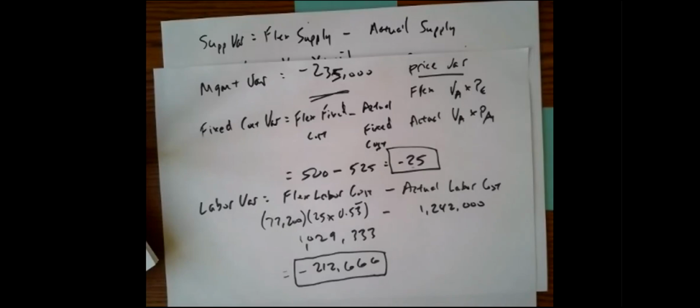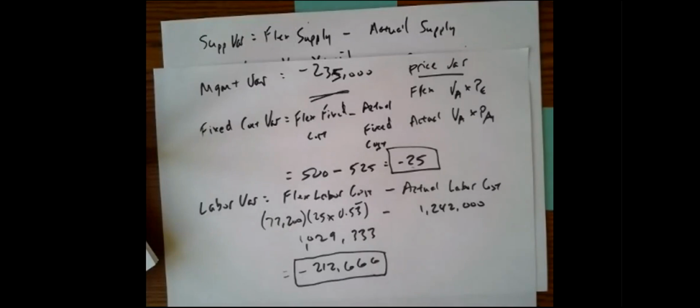On the cost side, the volume variance was that they should have saved a lot of money because they had a reduction in volume, right? They went from 90,000 to 77,000 visits.